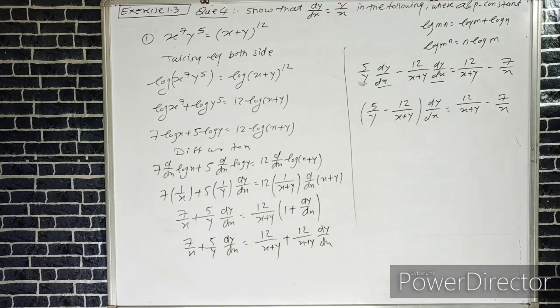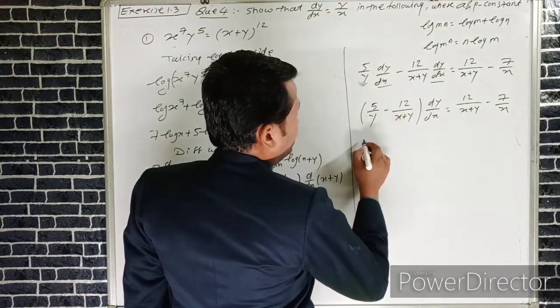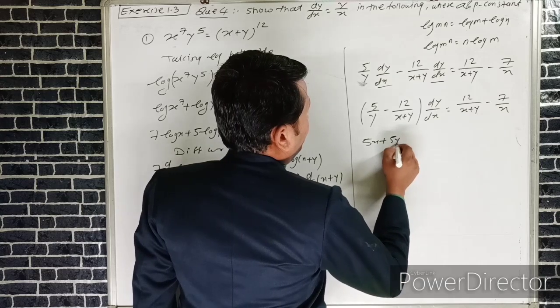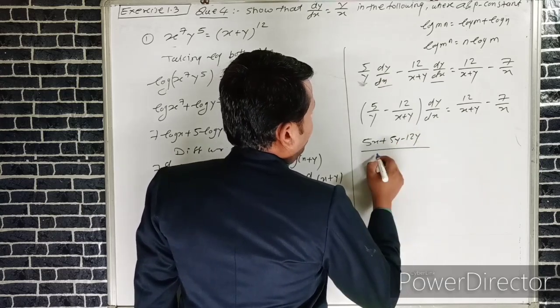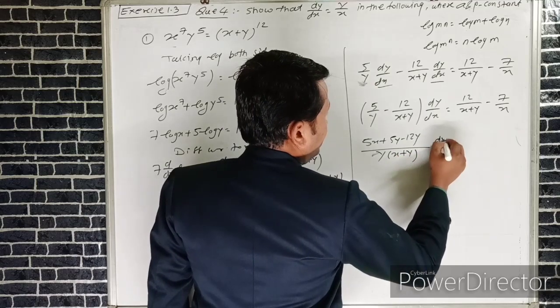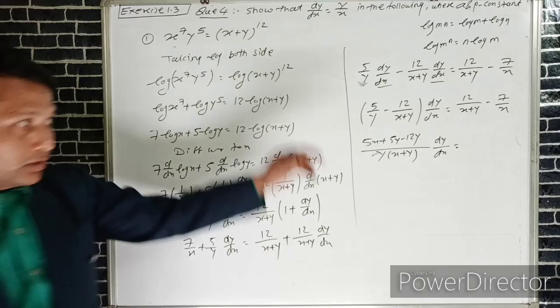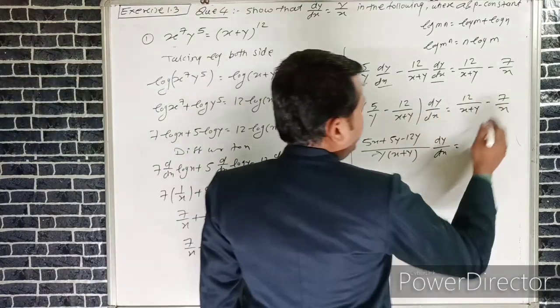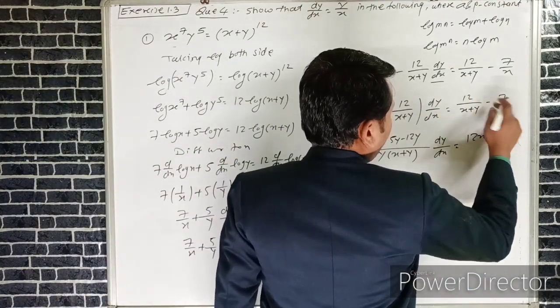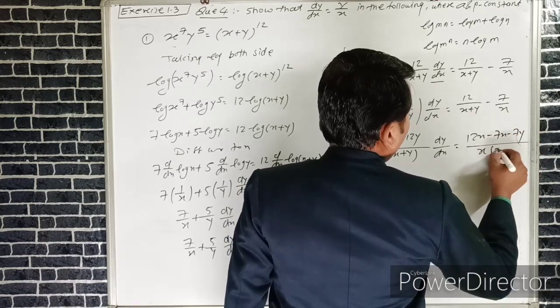Now we take a cross product of this whole bracket, and here we can write 5 into x plus y, which is 5x plus 5y minus 12y upon y in bracket x plus y dy upon dx. Again, if we take cross product on the right side, we can write 12 into x, 12x minus 7x minus 7y upon x in bracket x plus y.